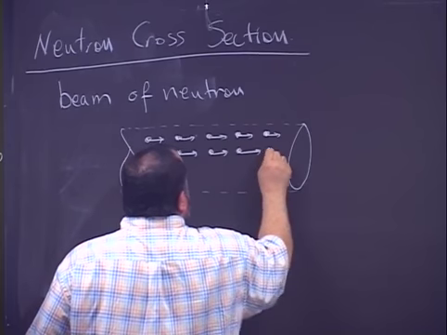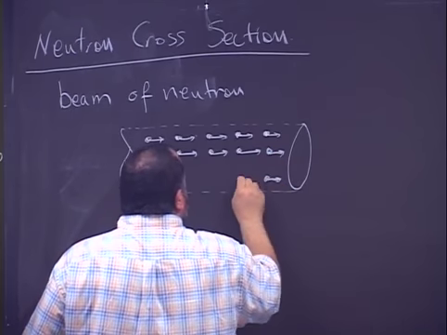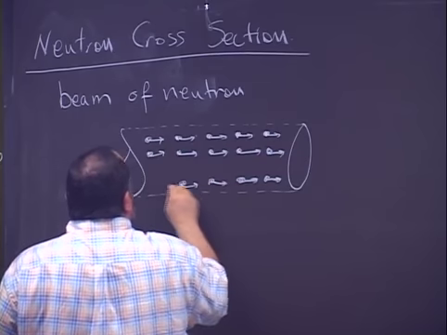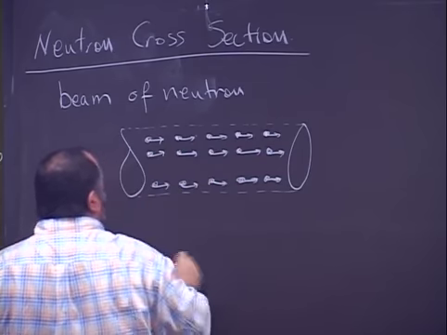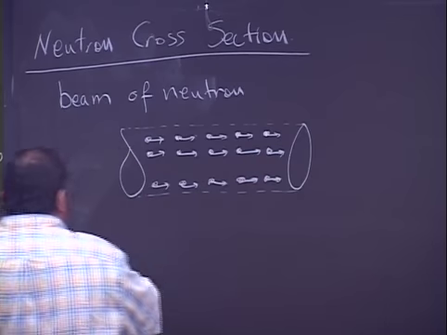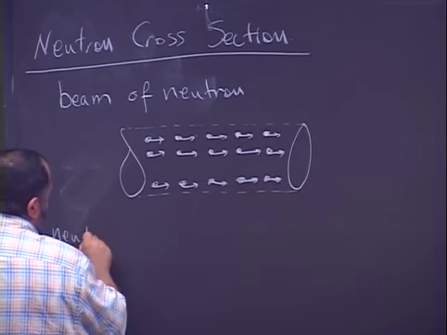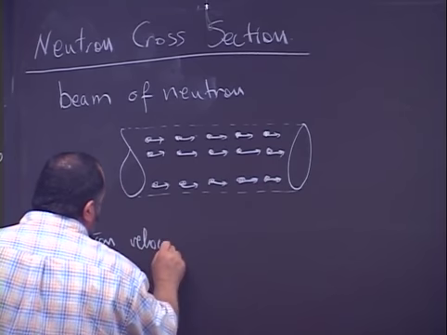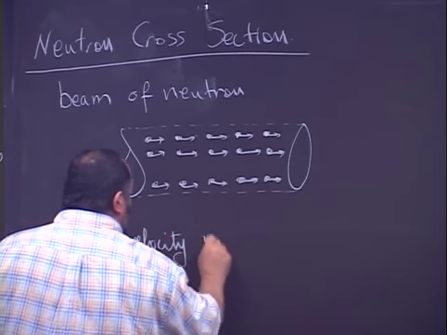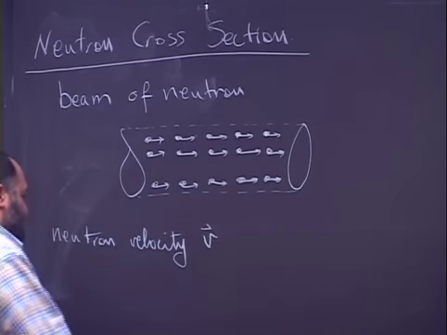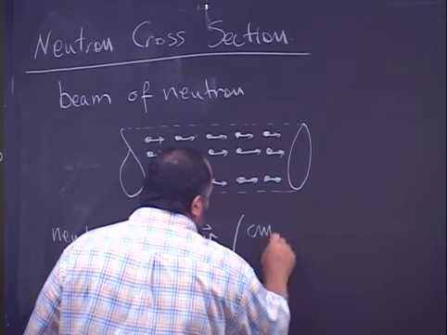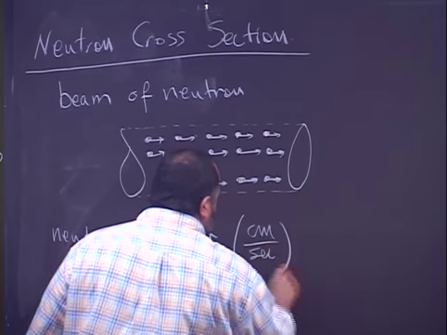Let's imagine that they are moving in this direction, and each one of them carries a momentum and has a velocity v. So the neutron velocity is v. Speed is the magnitude of this velocity, in centimeters per second.